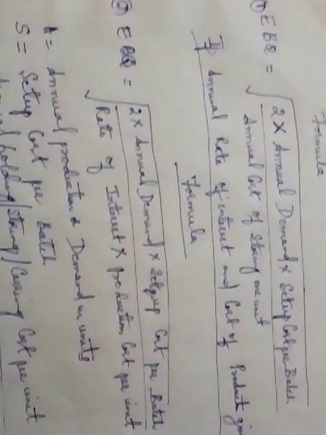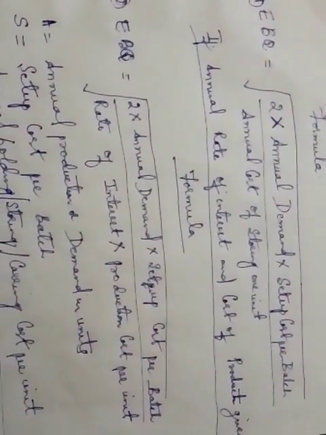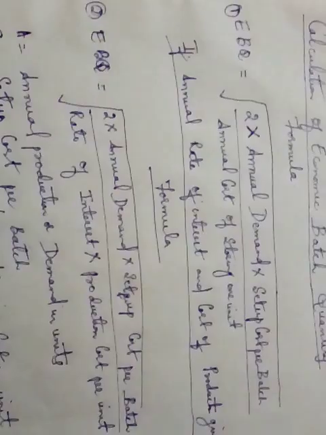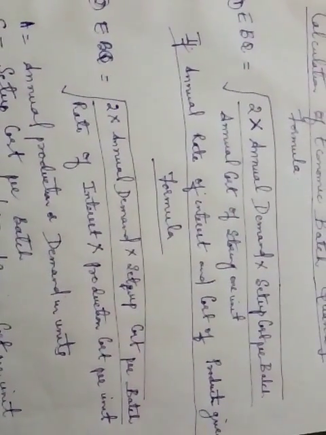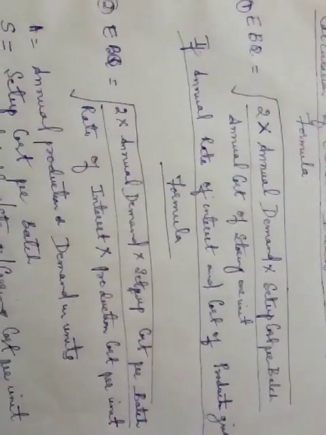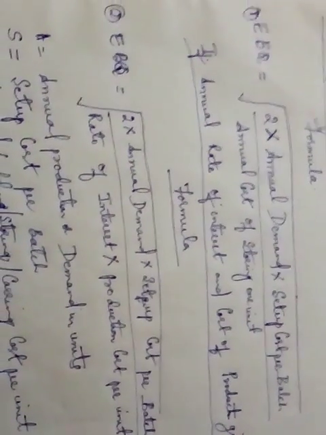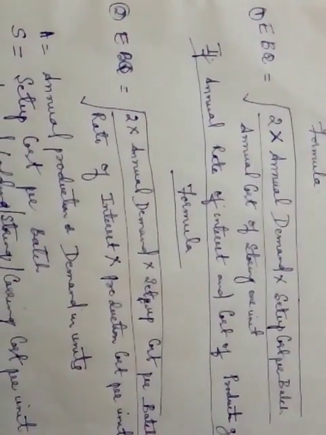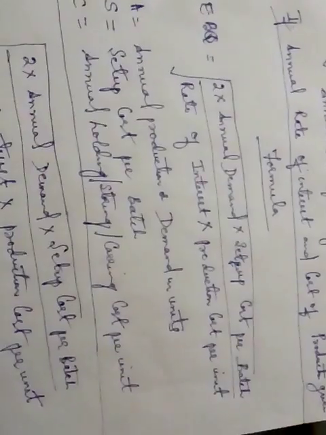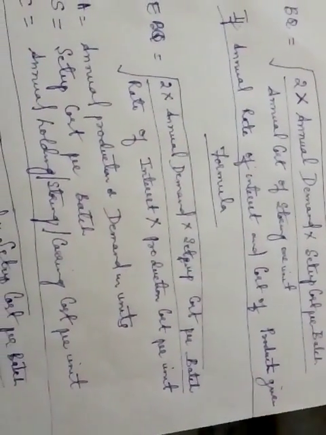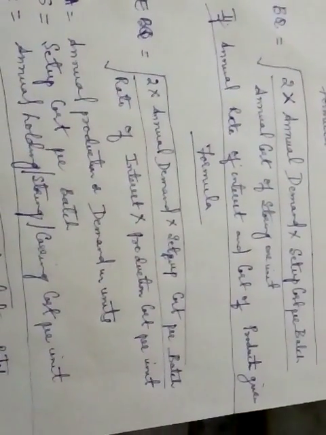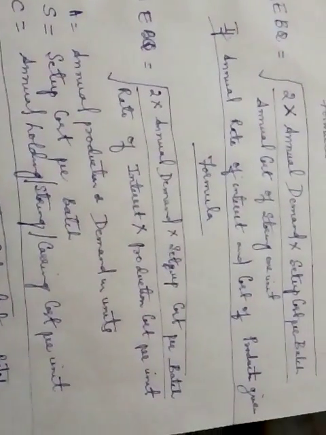If rate of interest is not given, then you have to consider formula number 1, that is 2 into annual demand into setup cost per batch divided by annual cost of storing 1 unit. In the second formula, it is 2 into annual demand, setup cost per batch. The numerator is the same, only the difference is in the denominator. Here we are considering rate of interest into production cost per unit.